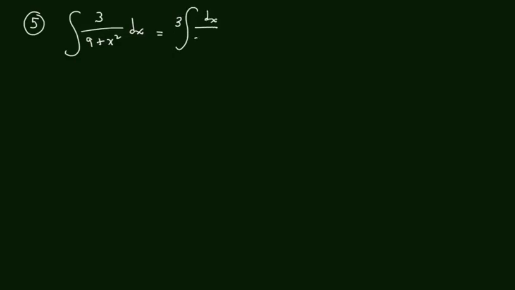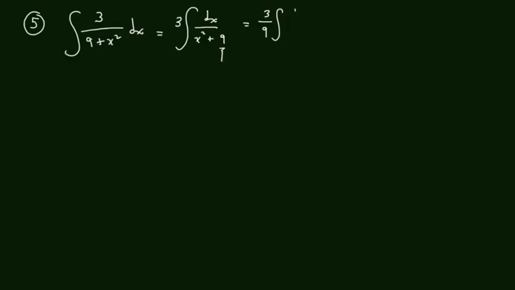Now if I write it as x squared plus 9, that might look familiar, might look Book of Memories-ish. Okay, the problem is, for me to use Book of Memories, this would have to be a 1. So what if I factor out that 9 from the denominator?